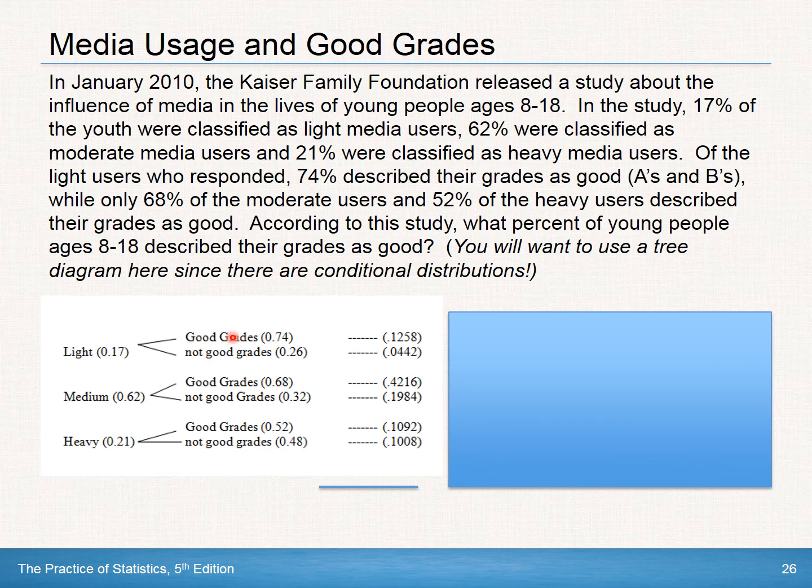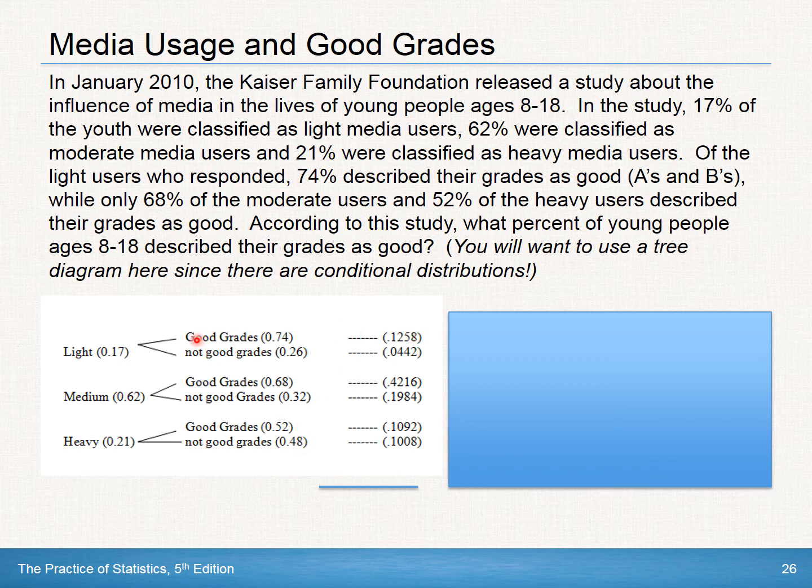So good grades is 74%. Since these two add up to 100, we can figure out not good grades. Of the moderate users, they said 68% were good grades. Add those two up, they have to equal 1, so you know not good grades was 0.32. Then they told us that 52% of heavy internet users said they had good grades. This has to add up to 1, so not good grades was 48%.